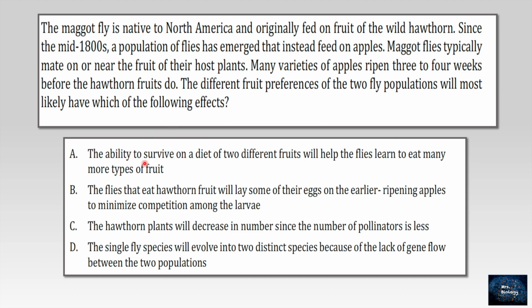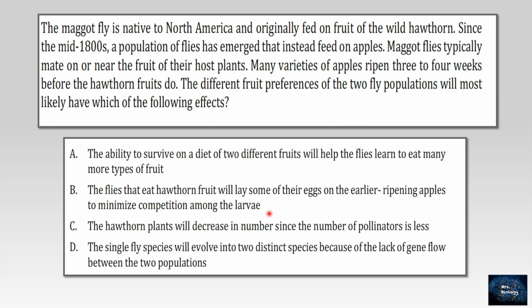A, the ability to survive on a diet of two different fruits will help the flies learn to eat many more types of fruit. It's not related at all, so this is wrong really. B, the flies that eat hawthorn fruit will lay some of their eggs on the earlier ripening apples to minimize competition among the larvae. No, how will they make it earlier and how would they compare this?